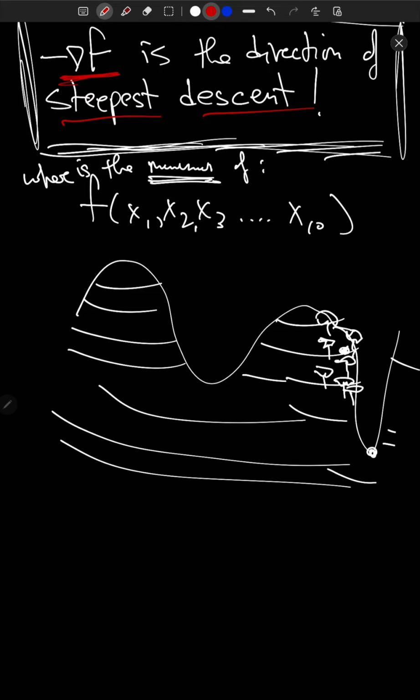Well, you look at which direction is the steepest possible. Let's say that one. That would be the gradient of f, and you walk in the opposite direction, minus gradient f. That's your steepest descent. In practice, maybe what you would do is take 2 steps in the direction of steepest descent and take a look at the gradient there.